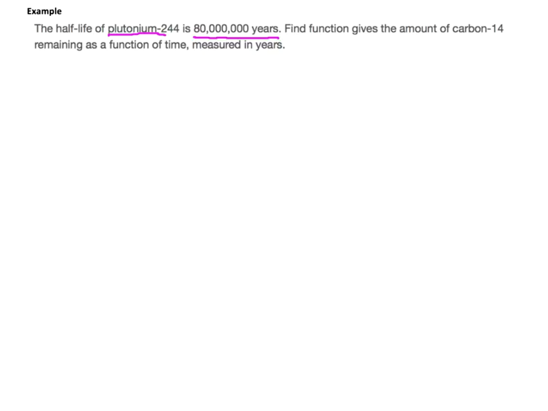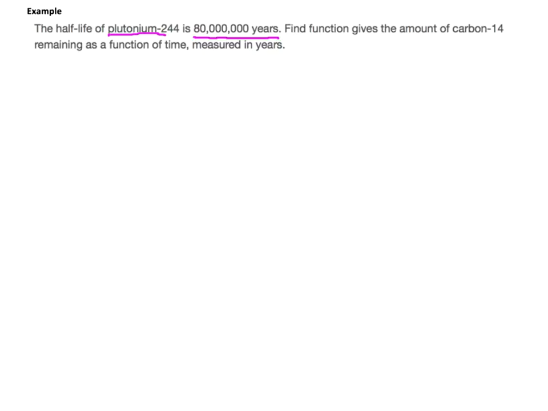Find a function that gives the amount of carbon-14 remaining as a function of time. So we're trying to write a function that models the carbon-14 decay in plutonium-244, or the half-life of plutonium-244.